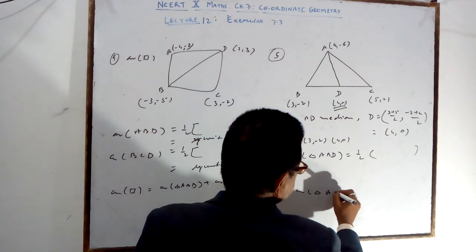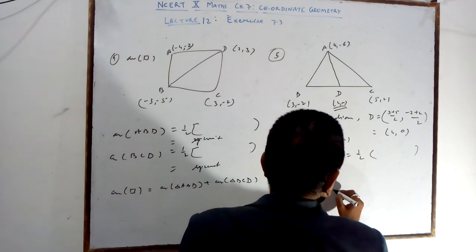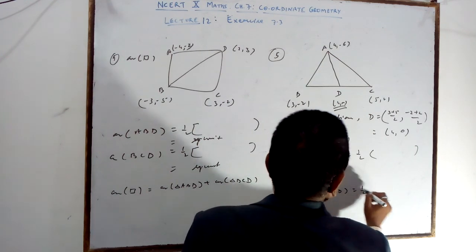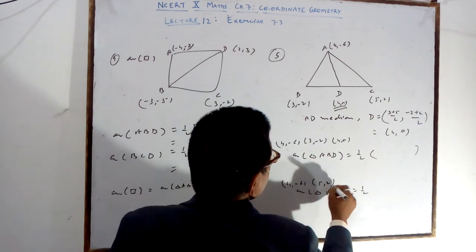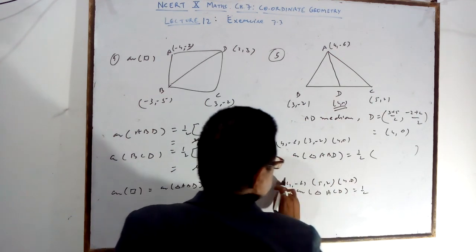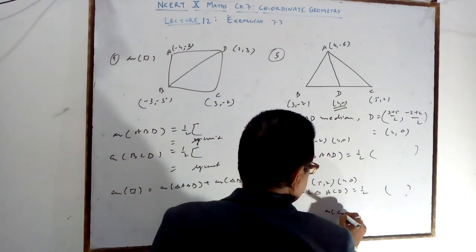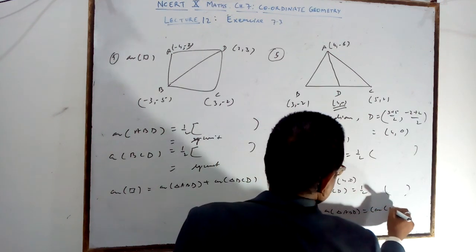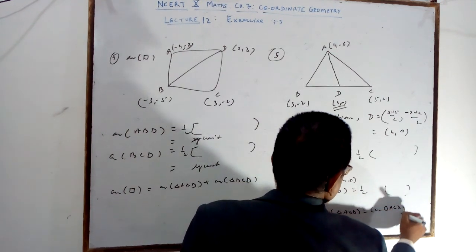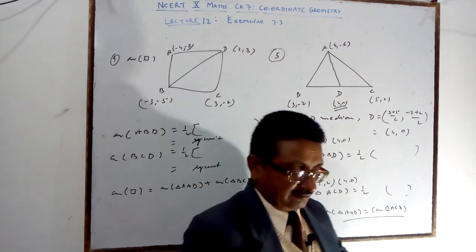For ABD and ACD, you get half times (4, -6), (5, 2), (4, 0). You calculate both. You will get area of triangle ABD equal to area of triangle ACD. Hence verified: the median divides the triangle into two triangles of equal areas.